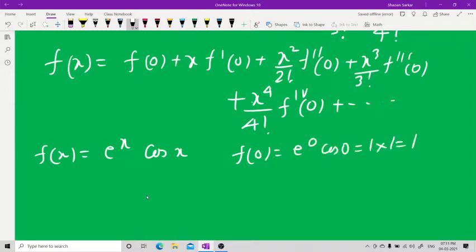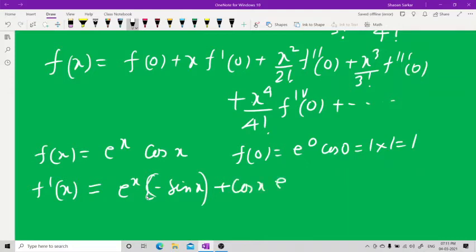Now f dash x is of the form e to the power of x times minus sin x, plus cos x times e to the power of x.